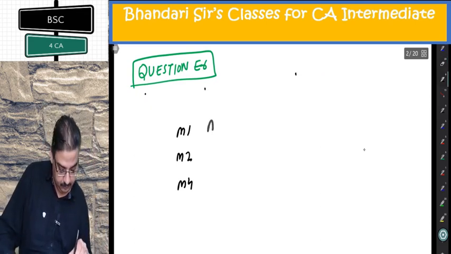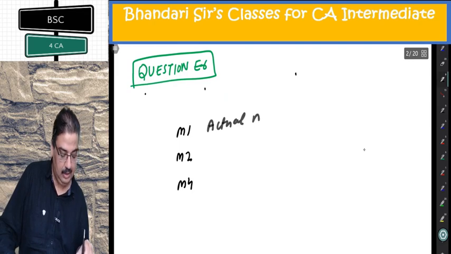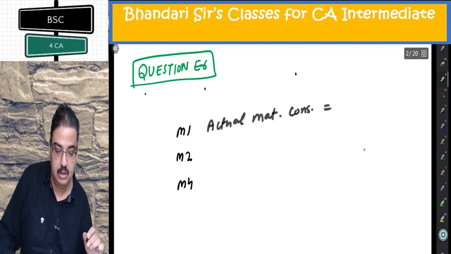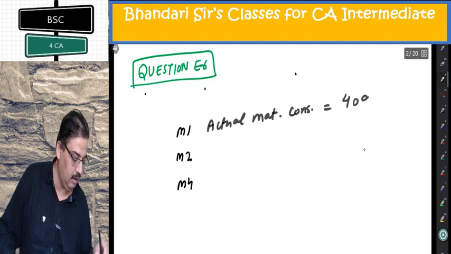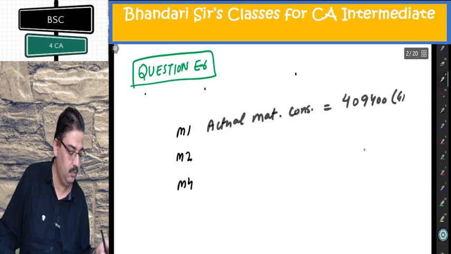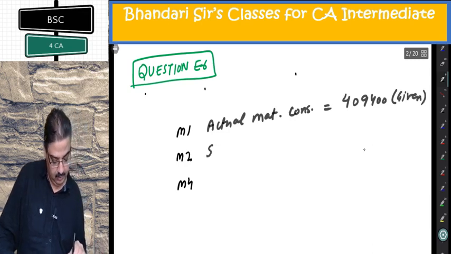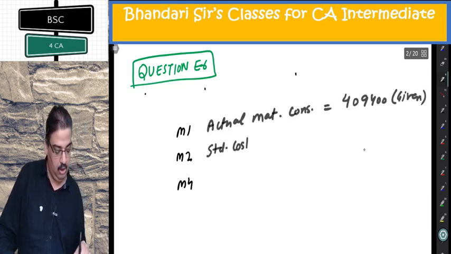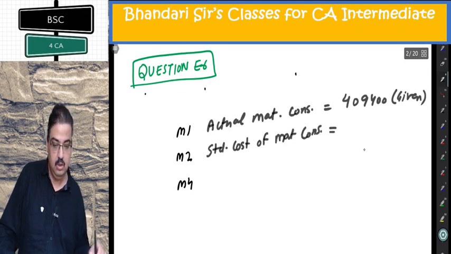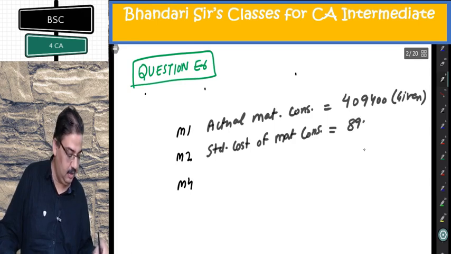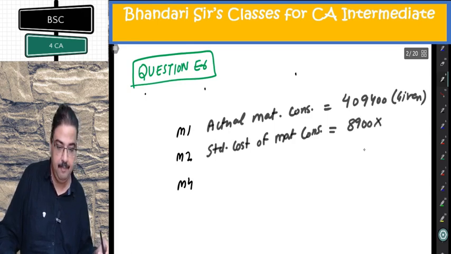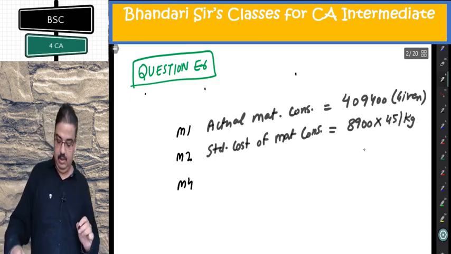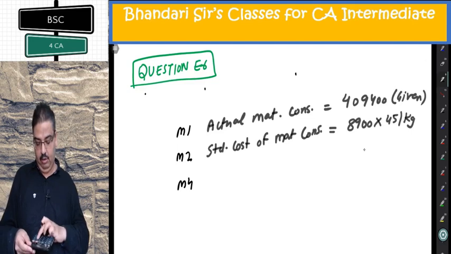M1, actual material consumed. This is given in question, 4,09,400. Given. M2, standard cost of material consumed. This is computed 8,900 kg multiplied by rupees 45 per kg. 8,900 into 45.